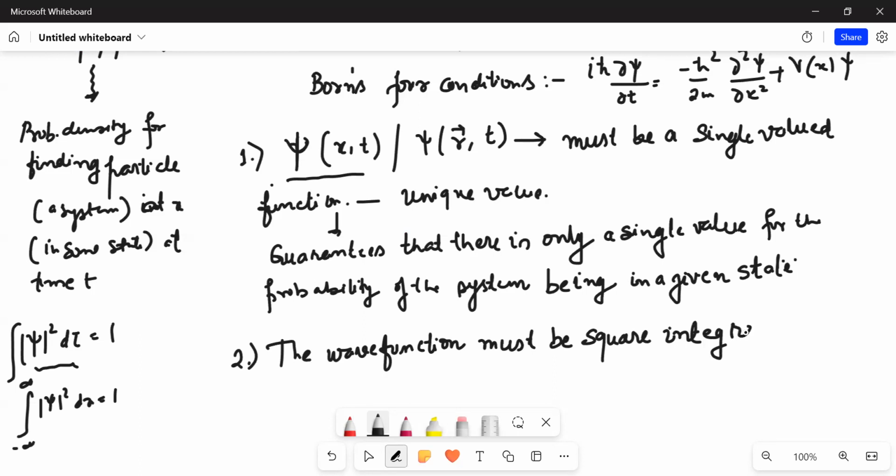The wave function must be square integrable, because if it's not square integrable, then the integration of this wave function |psi|^2 will not be finite. So in other words, one can say that this integral must be finite. It must be a finite integral.